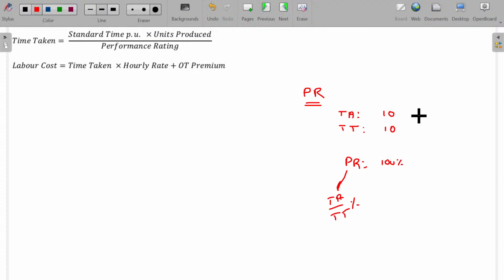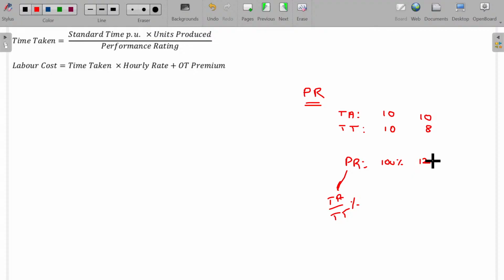Suppose time allowed is 10 hours, but time taken is only 8. What happens here? You are a good performer or an over performer. To finish the duty, you usually have to consume 10 hours, but today I completed it in 8 hours itself. So you are very fast. So your performance rating is better than the average. So time allowed 10 divided by time taken 8.